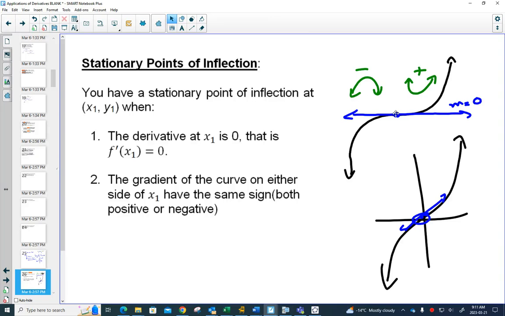So how do we know if we have a stationary point of inflection? Well, we would still have the fact that our slope is 0. If our slope is 0, that always defines a stationary point.